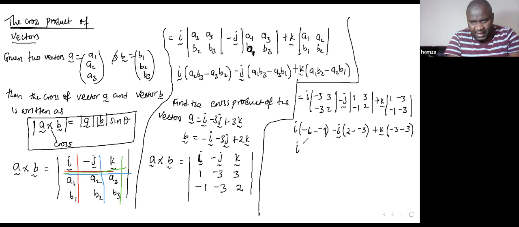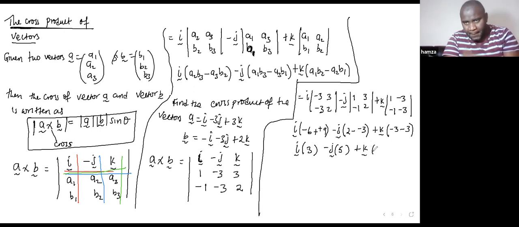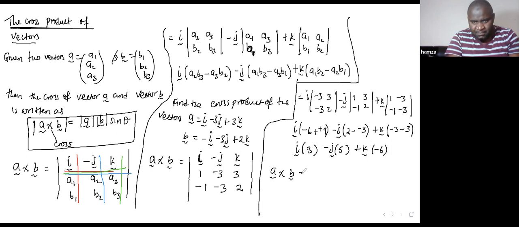This will give me i into negative 15... this becomes a plus 3 minus j, these are vectors. Don't forget the vector notations. Into 5 plus k into negative 6. So it means our cross of A and B has given us 3, negative 5, and negative 6.